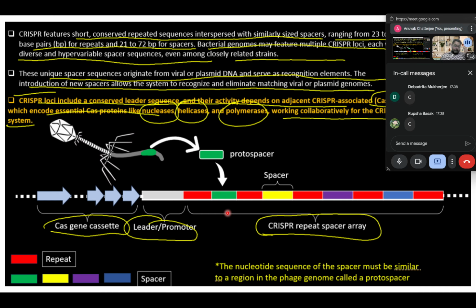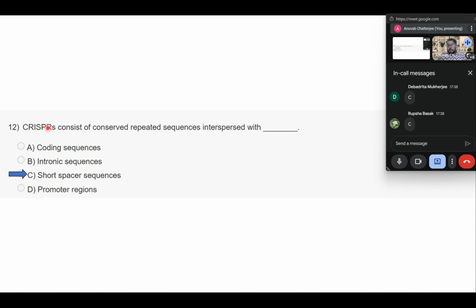So once the protospacer from the virus has been integrated in the CRISPR array, the bacteria is ready to fight off a new infection because the CRISPR system will recognize this foreign DNA as the viral DNA and start chopping it up. We'll see how that works, but for now, CRISPR consists of conserved repeated sequences interspersed with short spacer sequences.